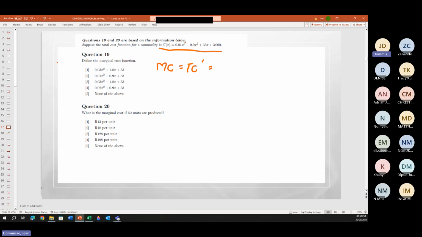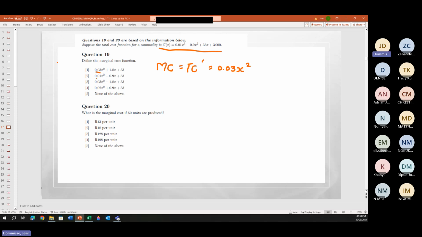And then what I like about these questions is that I will normally go about it step by step. So I would do that first one. If you take the 3 to the front, 3 times 0.01 is 0.03. That will be x, then 3 minus 1, so it's x to the power of 2. So now what I will do is I will actually check 0.03 x to the power of 2.